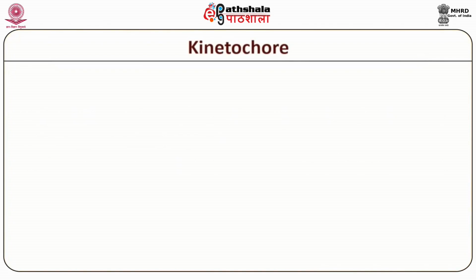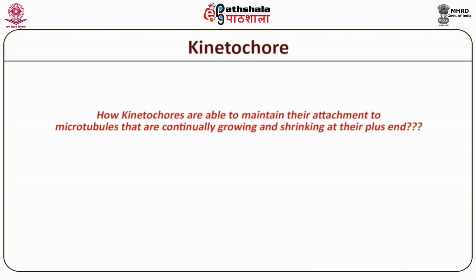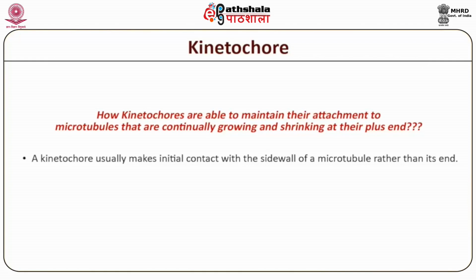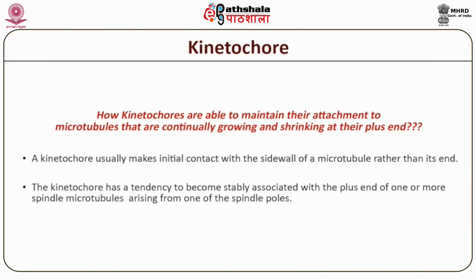As we have discussed, microtubules are continuously growing and shrinking at their plus end, so how are kinetochores able to maintain their attachment to the microtubules? In reality, a kinetochore makes initial contact with the side wall of microtubules rather than its end. Kinetochores have a tendency to become stably associated with the plus end of a spindle microtubule.